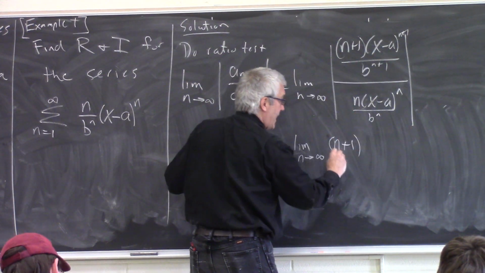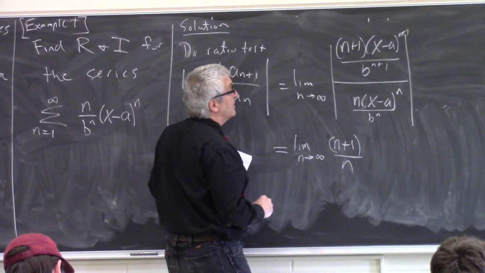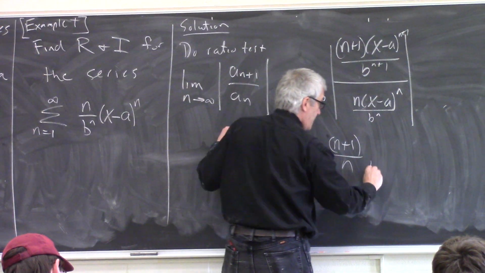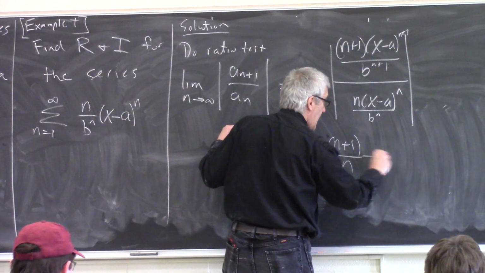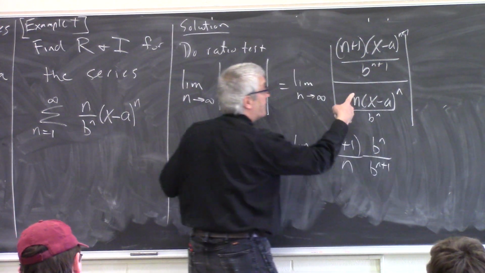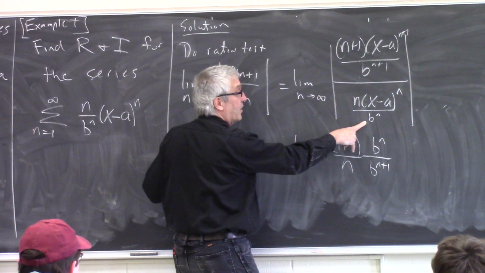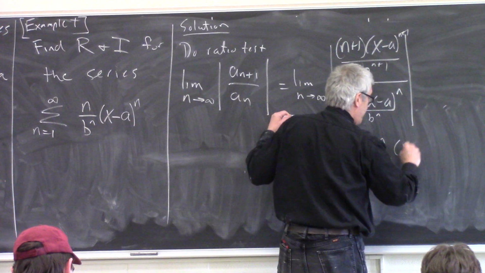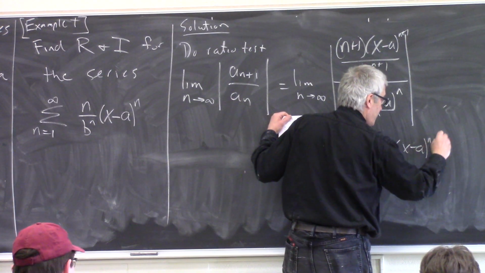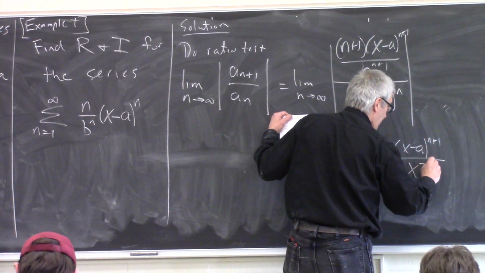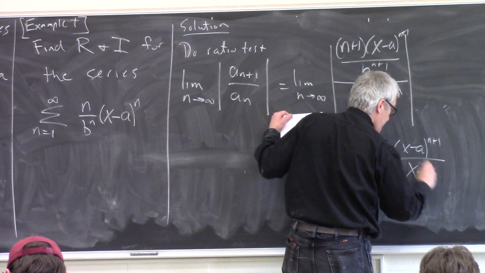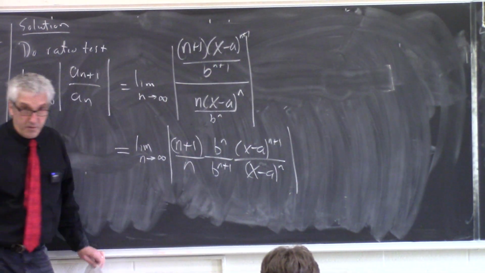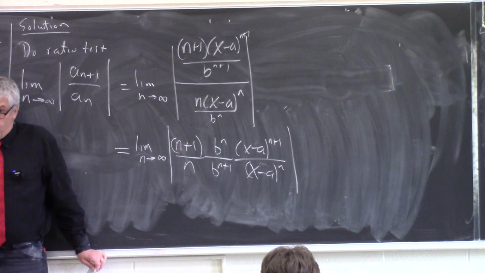In the bottom, I'm going to have an n. I'm going to stack those above each other. And then in the bottom, I'm going to have a b to the n plus 1. And on top, I'm going to have a b to the n, because when I flip this over and multiply, I'm going to have a b to the n on top. And then on top, I'm going to have (x minus a) to the n plus 1 over (x minus a) to the n. So again, what I did here is I rewrote this with a single baseline.